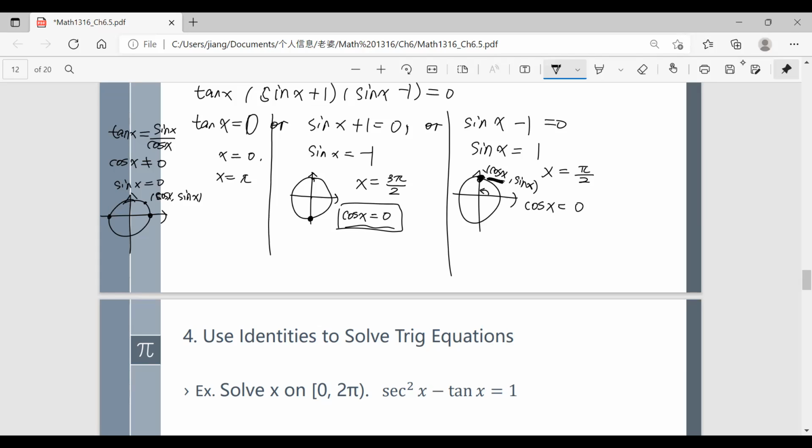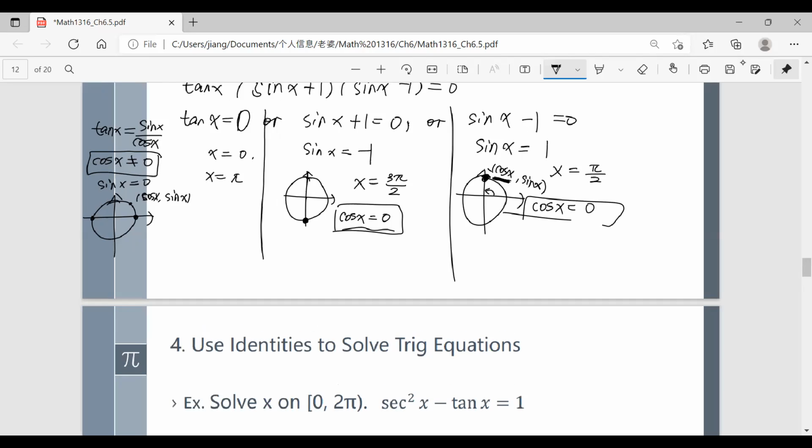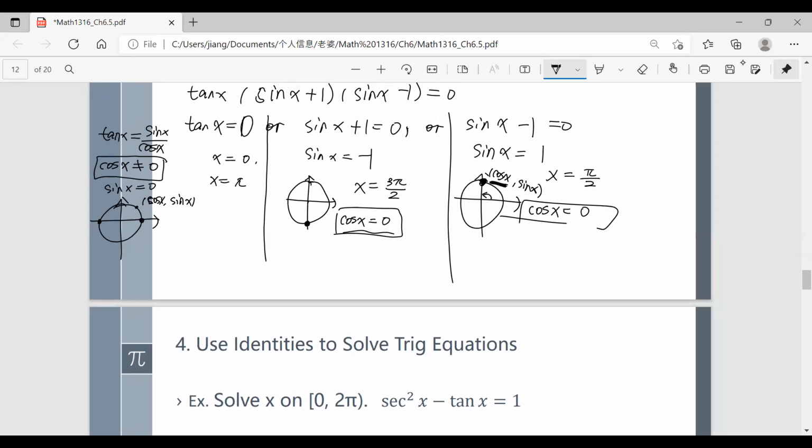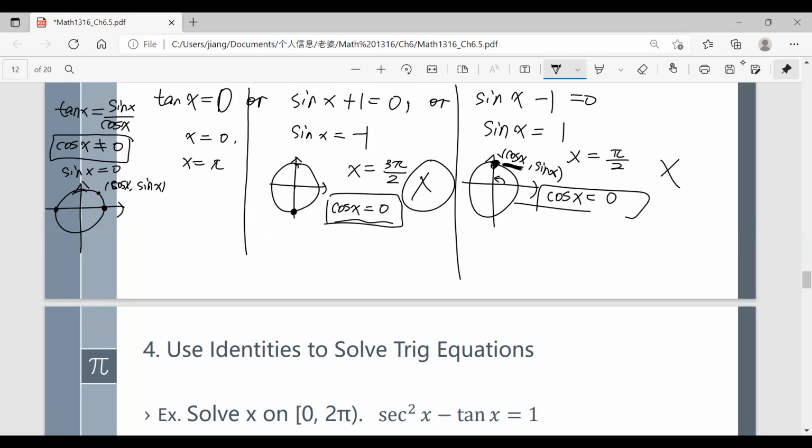Okay, so first one, you must satisfy cosine is not equal 0. That means x equals 3 pi over 2 makes the cosine equal 0. For x equals pi over 2, the cosine is also 0. That means we can't choose these two x values because we must satisfy the condition for the cosine is not equal 0.